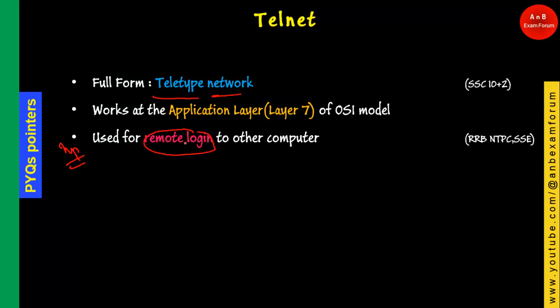Remote login means you are logging in to some other PC through a network interface. This pointer was asked in RRB NTPC. Understood now. Remote login means you are logging in to some other PC on the network from your computer. And it operates at port number 23.